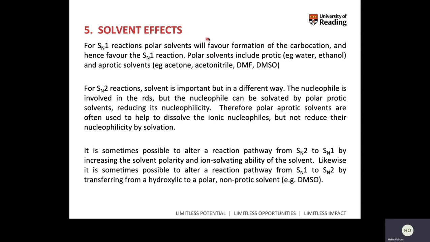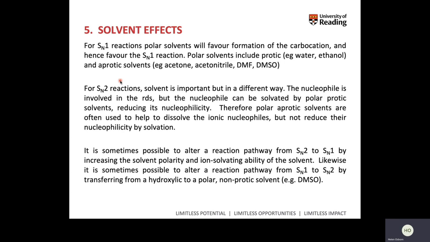But if we wanted to do an SN1 reaction and we wanted that to be efficient and to be the favoured reaction, we'd be wanting to have something which will stabilise the carbocation, and we would be using a polar solvent. Now, in contrast, hopefully again this is becoming quite familiar to you, for the SN2 reaction, we've seen that we do not form a charged intermediate.